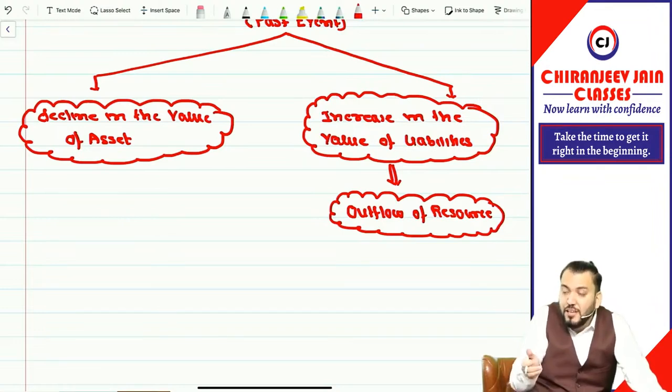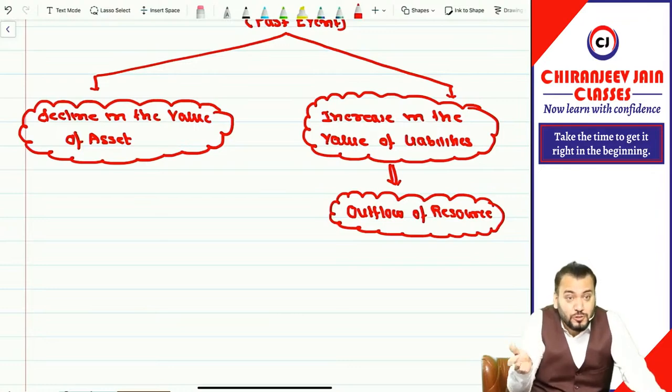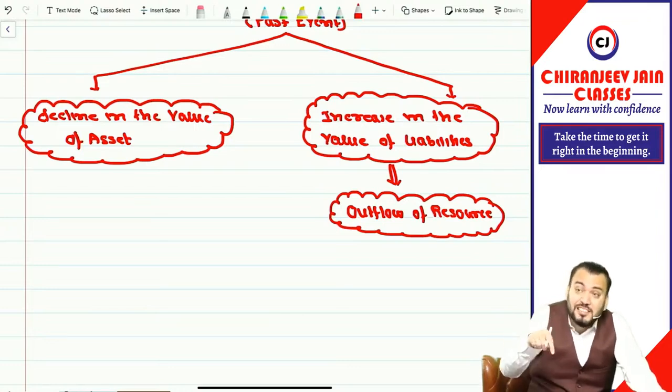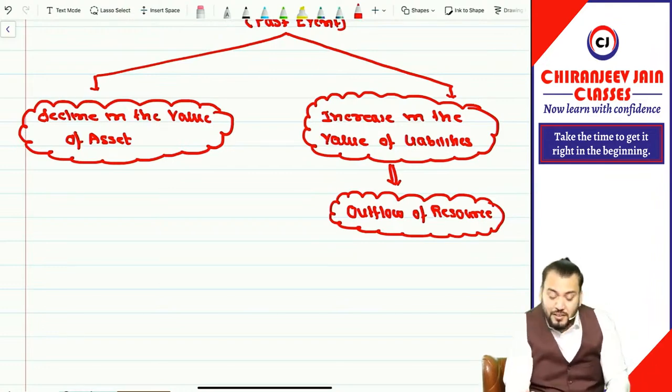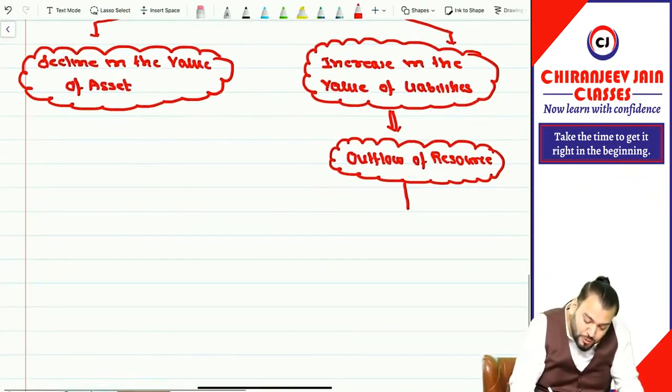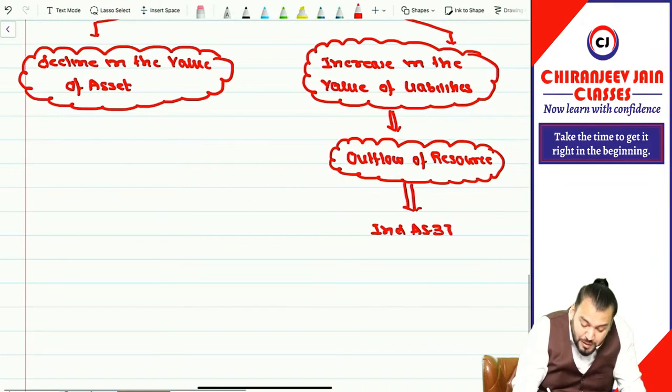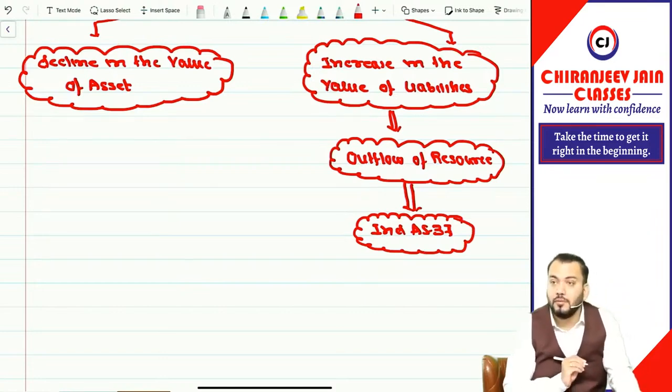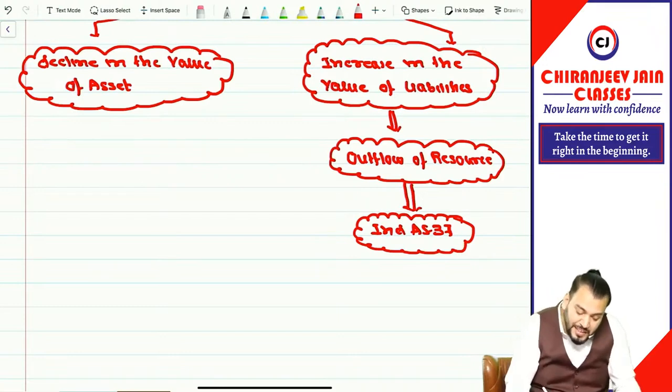So when I am saying increase in the value of liability, it means in future there will be some outflow of resource to settle such contingencies existing on the balance sheet date. Correct. So on this outflow of resource we apply Ind AS 37. Ind AS 37 is applicable only for this outflow of resource. Have you understood?